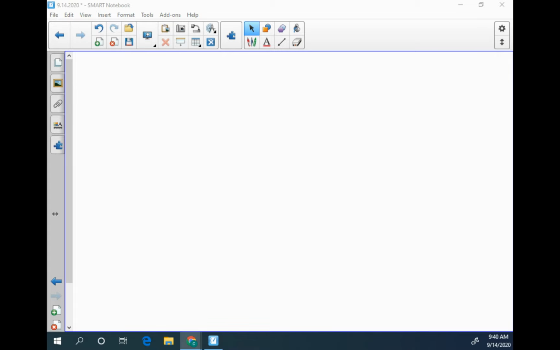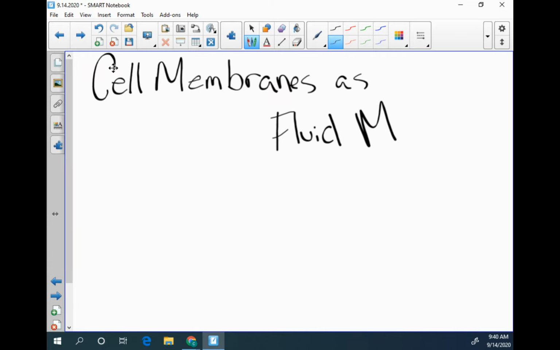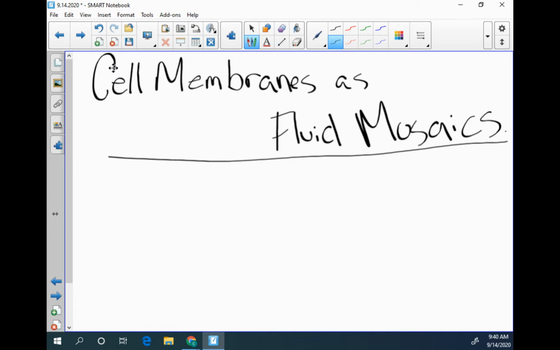Cell membranes as fluid mosaics. Have you ever seen mosaic stained glass windows kind of stuff?